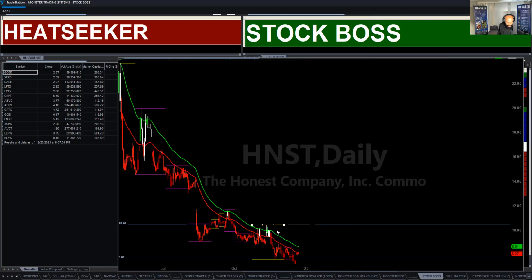So I would look at this area here as resistance, so around 10 or higher. Support is at $8. So it's got some ways to go. It was at 16 in the beginning of the year. So I just need it to start moving back up and see some support, and I might hop in. Yeah, they're not close to getting here.